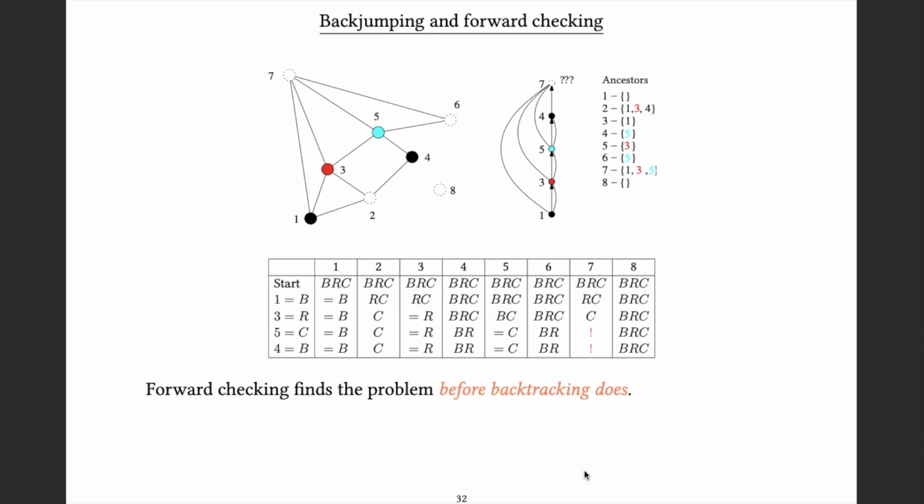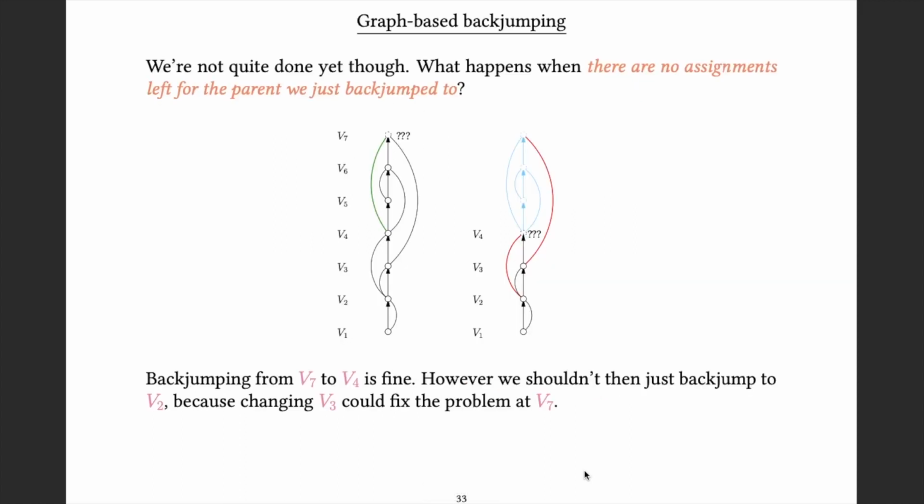And in this example, forward checking clearly establishes that we have a problem in that we're not going to be able to finish off our sequence of assignments earlier than just looking for a backjump does. Because it establishes at the point that we assign variable 5 to be C that 7 has no possibilities left. Now what that's given us is essentially a second, arguably simpler method for doing the first back jump.